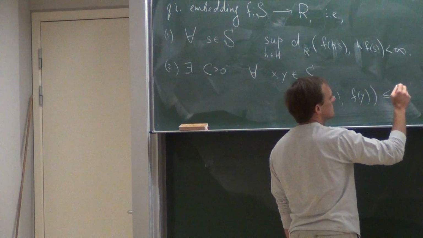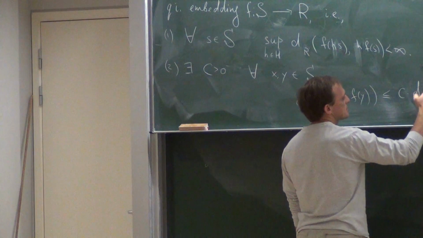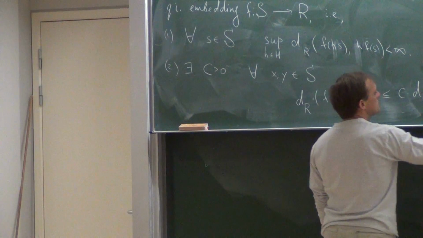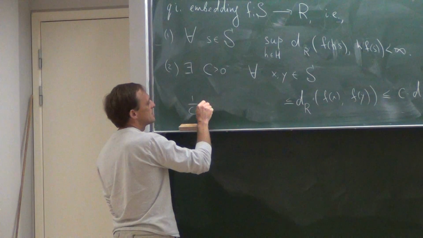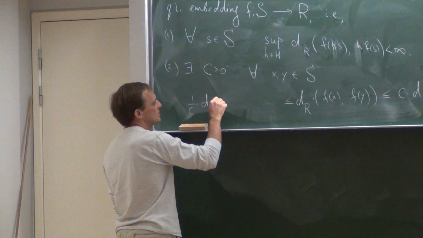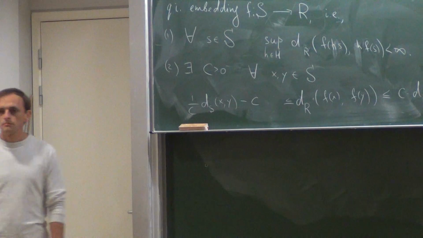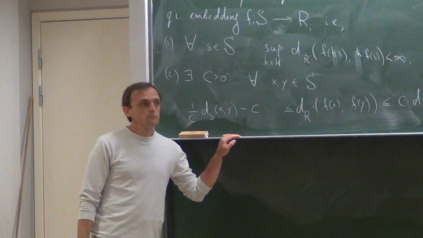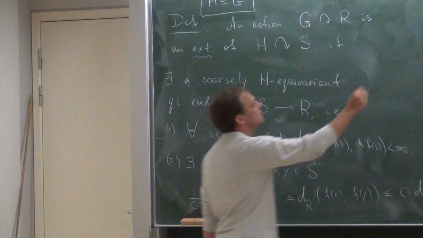It's at most C times the distance in S between x and y plus C, and at least 1 over C times the distance in S between x and y minus C. So for one, that C can depend on the point in S? Yes, I don't require any uniformity.